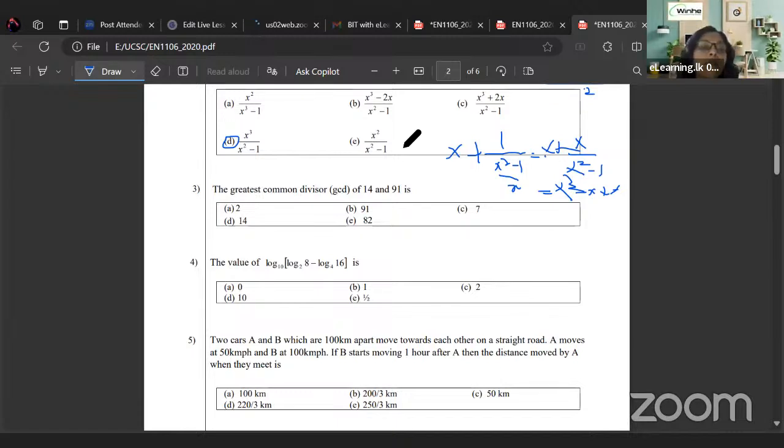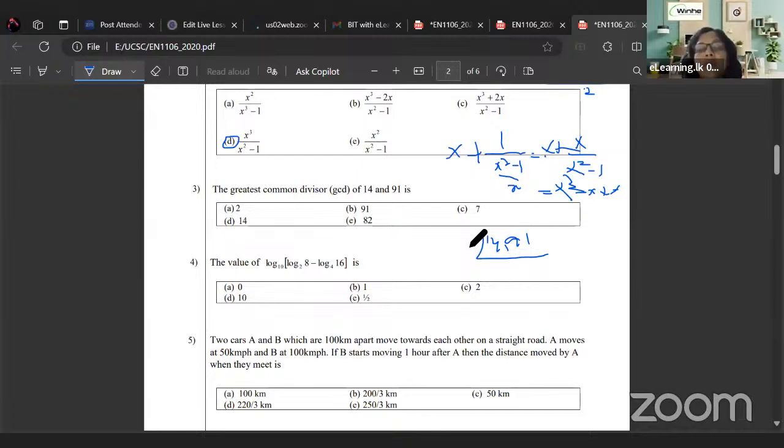How do we find the greatest common divisor of 14 and 91? Consider 14 and 91. Check what are the common divisors that you can use to divide these. It is easy if you can find the common divisors with prime numbers.